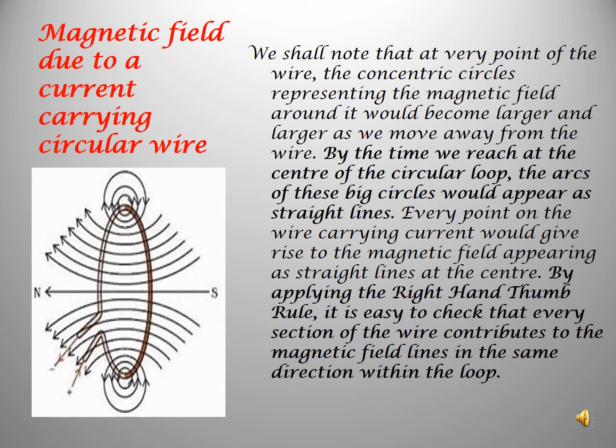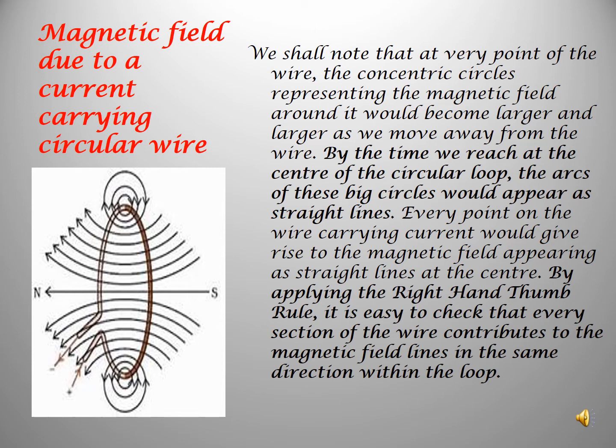We shall note that for every point of the wire, the concentric circles representing the magnetic field around it would become larger and larger as we move away from the wire. By the time we reach the center of the circular loop, the arcs of these big circles would appear as straight lines.